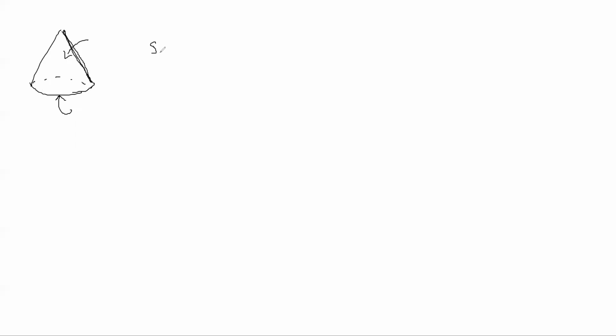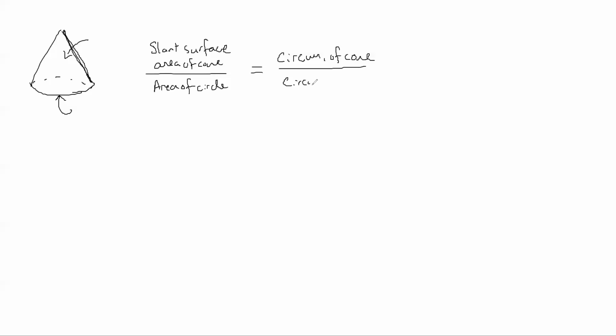So the slant surface area to the area of the circle, versus when it could have been a circle, is going to be equal to the circumference of the cone divided by the circumference of if it was a circle.